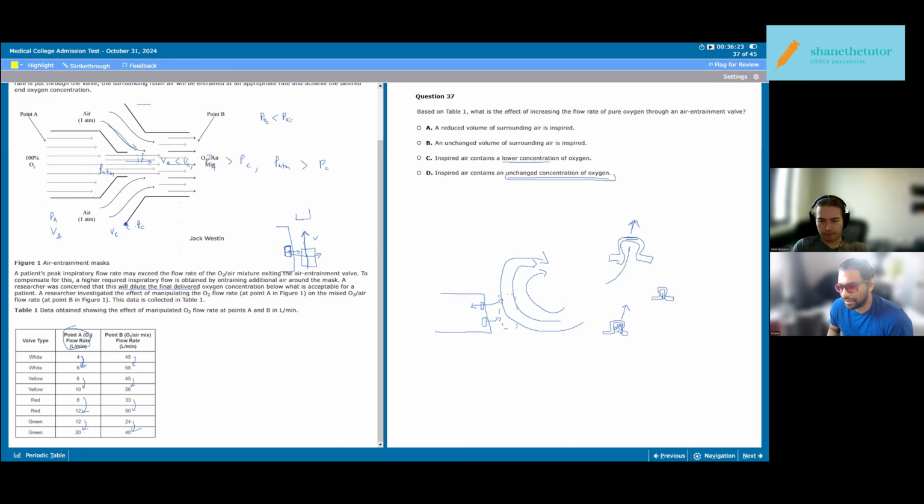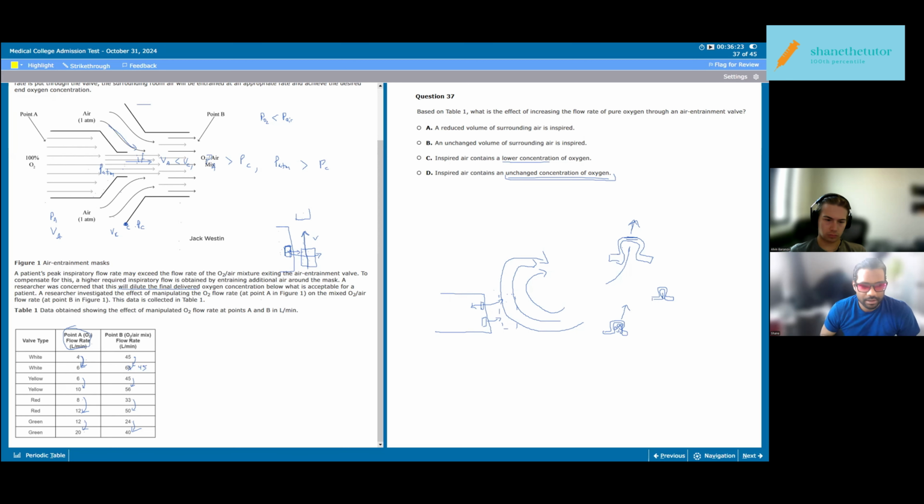And if we have a proportional flow rate, it should not really change the concentration of anything. Because like, okay, let me describe it like this. Let's say that this stayed 45. When you increase the flow rate of pure oxygen, the oxygen air mixture remains at a flow rate of 45.